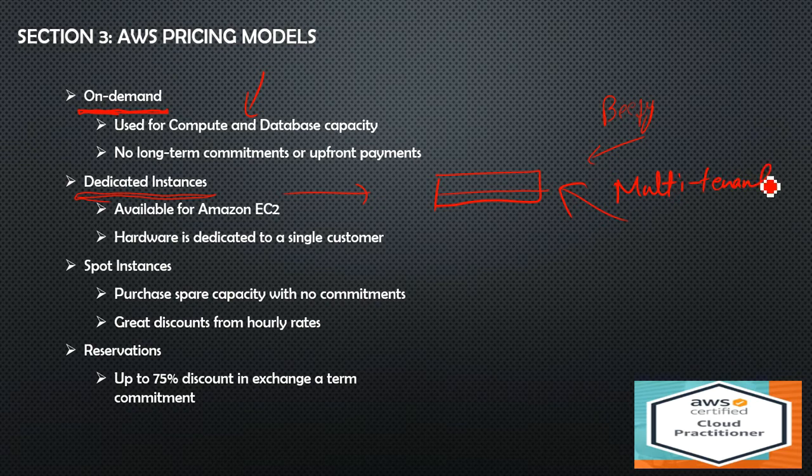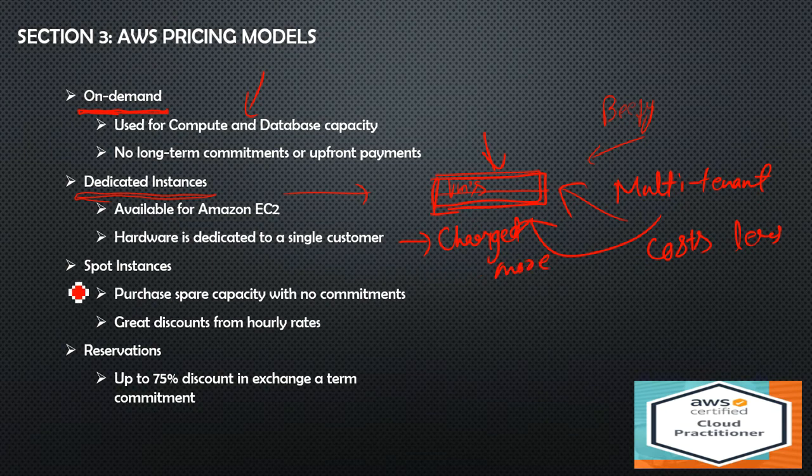Multiple clients access this server and create their VMs on it. So this is a shared resource, and that's why it costs you less. But if you go for a dedicated instance, that means this whole server is yours. Nobody else's VM will be created on this server. The hardware is dedicated, but you will be charged more for this type of service.